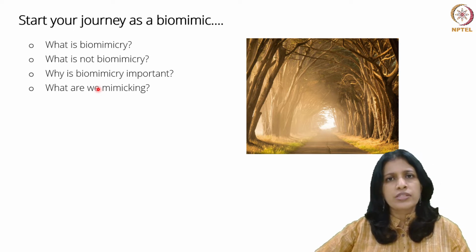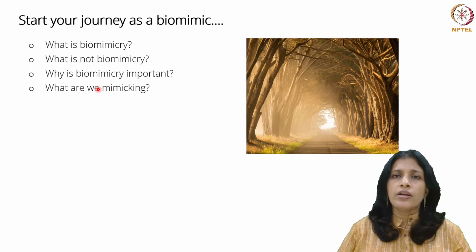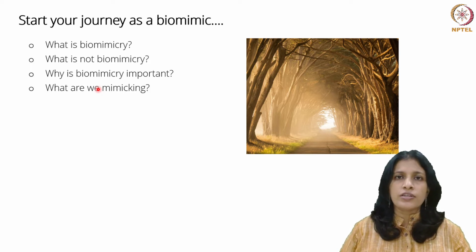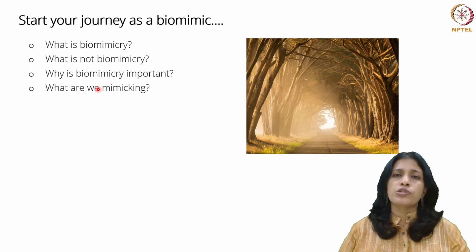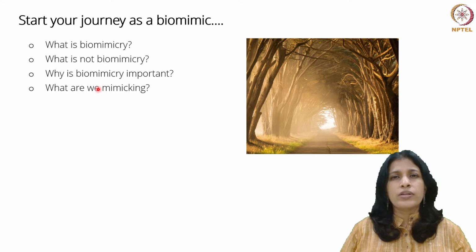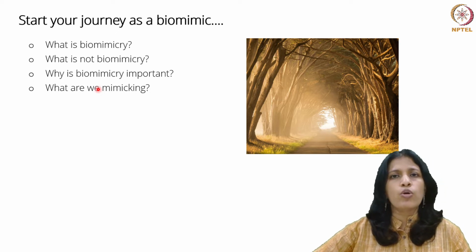Then process is the termite mound, which was used as the inspiration for the Eastgate Center in Harare, Zimbabwe, to use less energy and less air conditioning in the building. And then imitating system is the Kalundborg industrial ecosystem in Kalundborg, Denmark, where the waste from one industry is actually the raw material for another industry. So that is what we are mimicking in biomimicry.